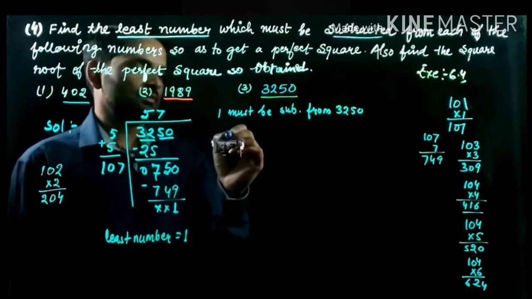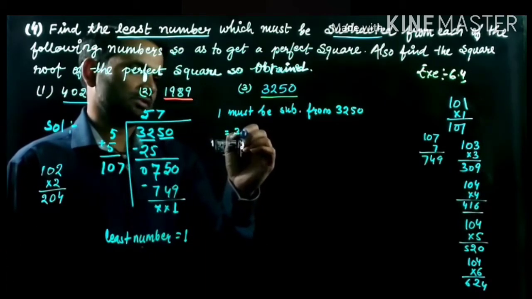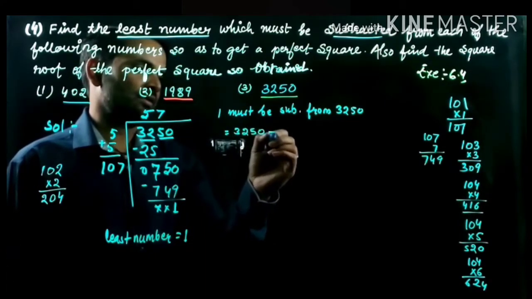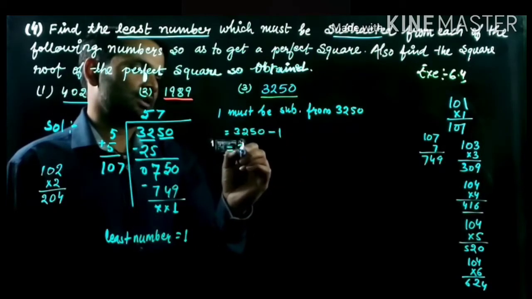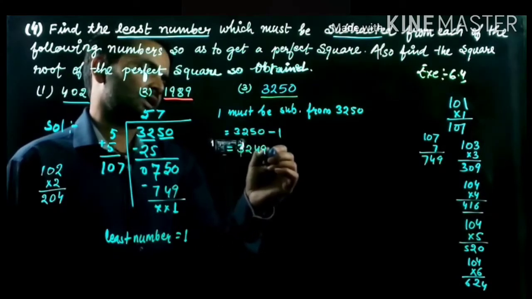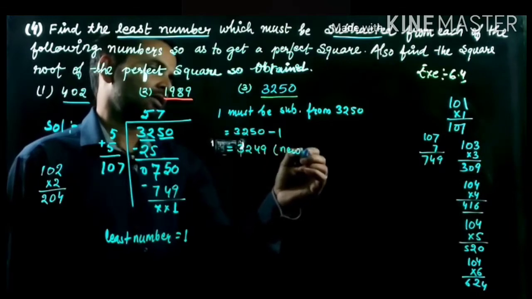So 3250 minus 1 is equal to 3249. It is the new number.